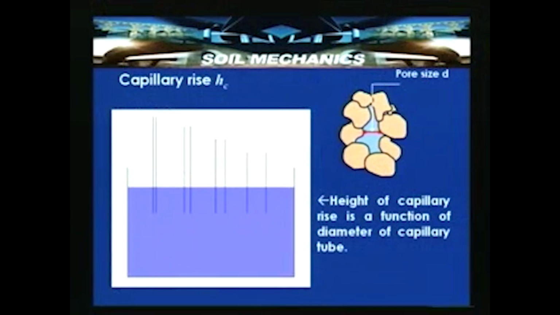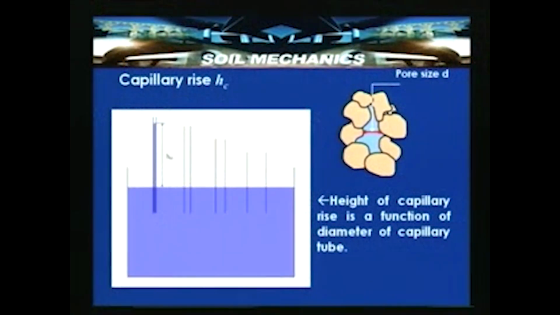So, let us look into this. Here again the vessel has tubes of different diameters, D1, D2, D3, D4, where D4 is greater than D3, D3 is greater than D2, and D2 is greater than D1. Let us look into how the capillary rise can be understood from the previous deduction. Here HC1 is the capillary rise in tube 1, where D1 is the smallest diameter. HC2 is the rise obtained for diameter D2, where D2 is larger than D1, and HC1 is greater than HC2.